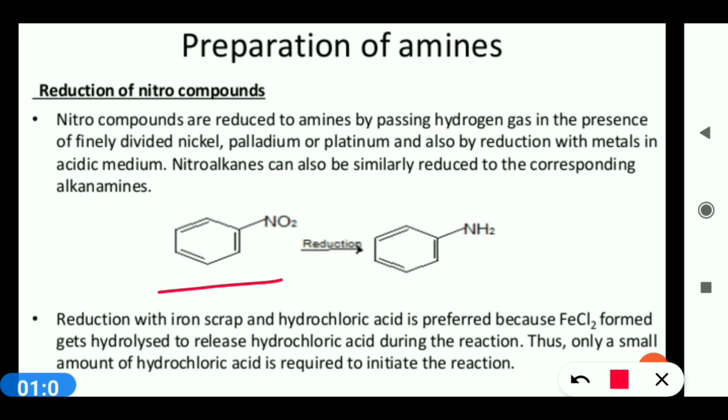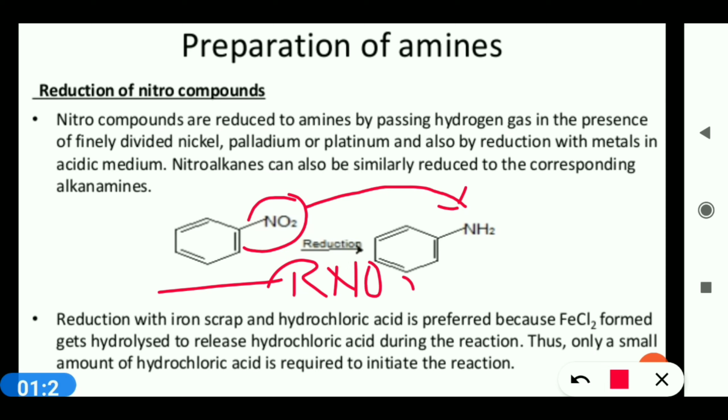Nitro compound, nitroalkane or nitrobenzene on reduction, only this NO2 group gets reduced to NH2 group. For example, you can write in a general way RNO2 in presence of a reducing agent like Pt, Ni, etc. It gets converted to RNH2.